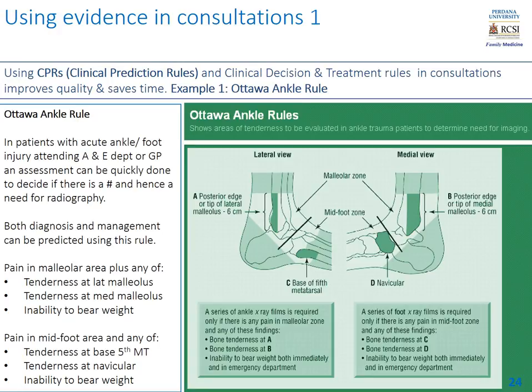The Ottawa ankle rule is for patients who have ankle injuries, and it is to determine whether they have a high probability of a fracture and therefore require radiography, or they do not. Effectively, if the patient can bear weight and has no tenderness in the areas shown here, and also over the base of the fifth metatarsal, the likelihood of fracture is very low and they do not need referral to X-ray.